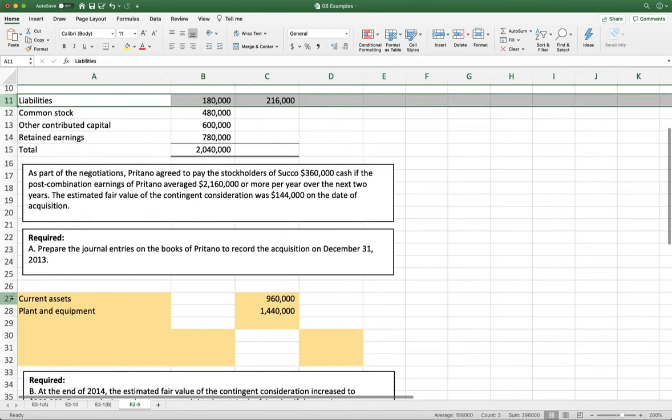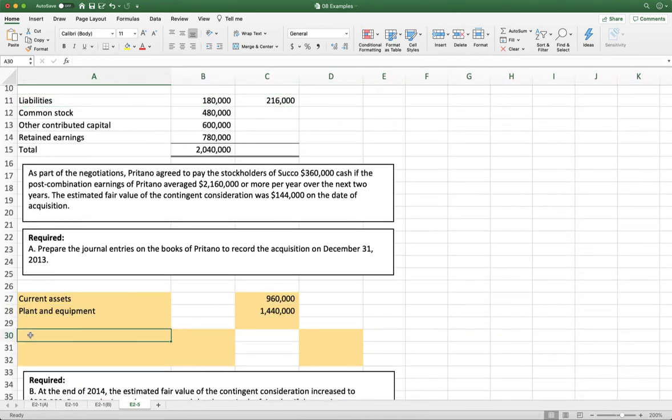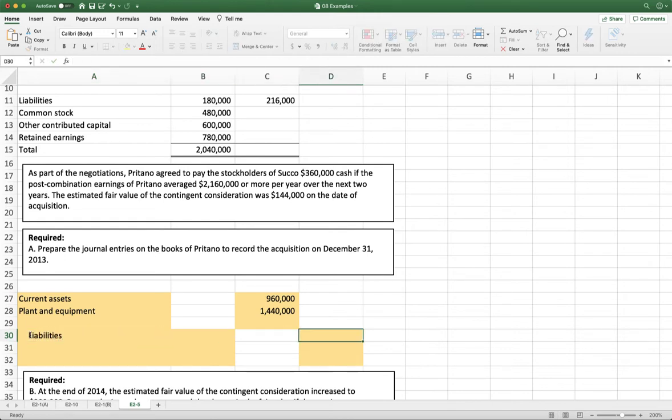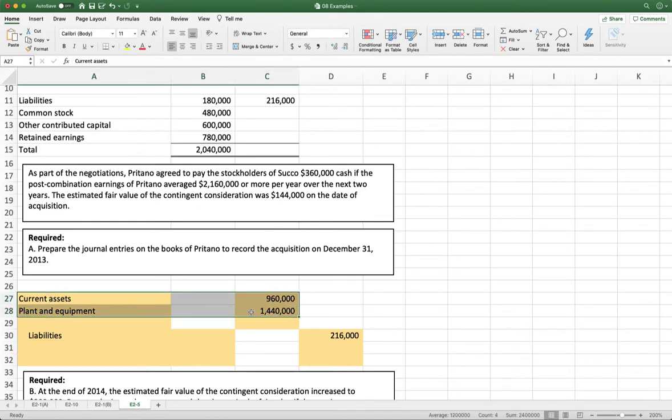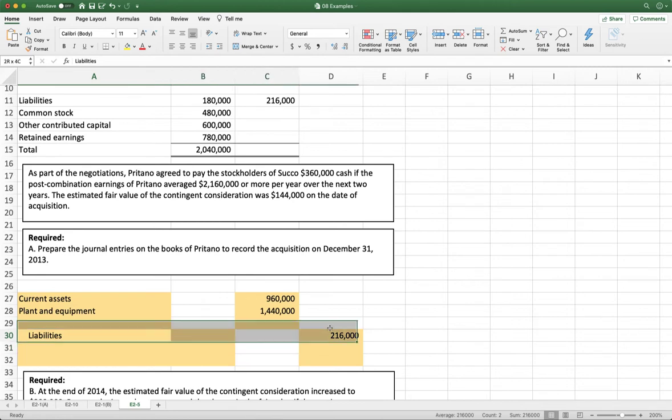We added the assets by debiting, and we're going to add the liabilities by crediting. We're going to credit those again at fair value. So that's $216,000. So now we have everything that we got. We got our assets here and our liabilities here.